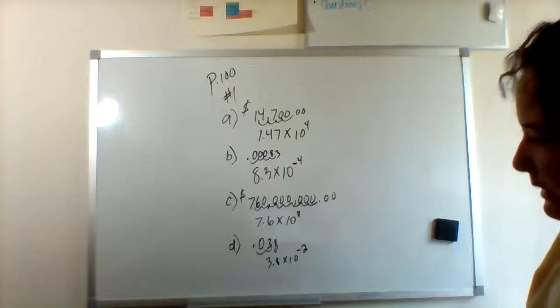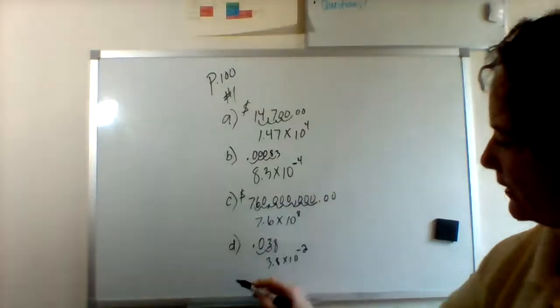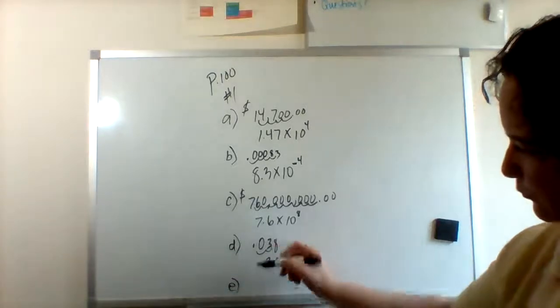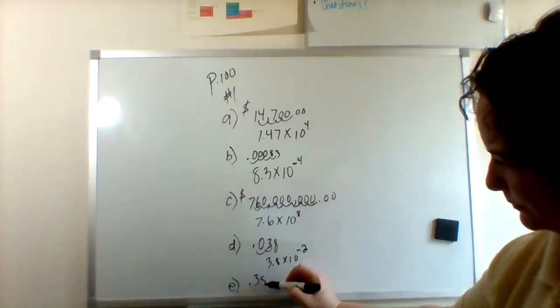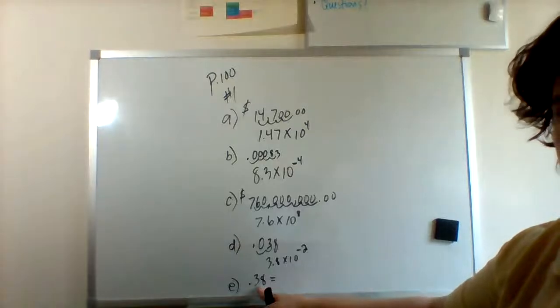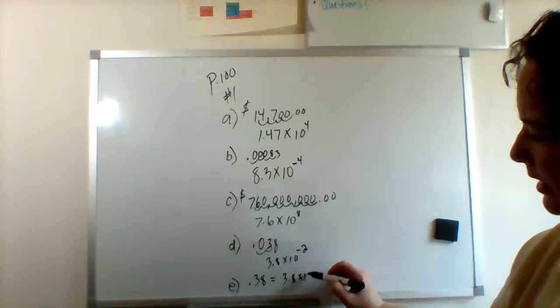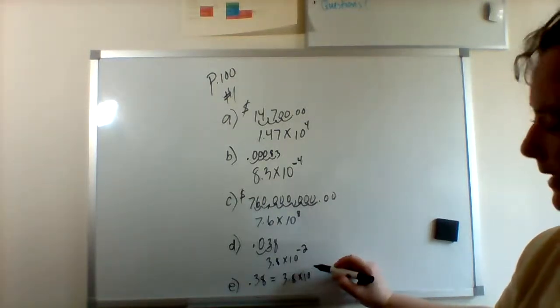Okay, letter E. And you should be able to see it if I write it down here. Letter E is very similar to this one, except that it's a little bit of a bigger number. This is like 38 cents. So he says 3.8 again, but this time it's only going to be what? 10 to the negative 1.